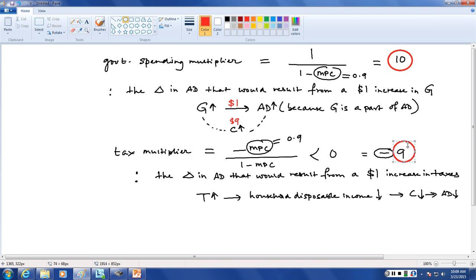Correct? The last multiplier that we studied was the investment spending multiplier. Summarizing this for you, the investment spending multiplier is not something that's part of fiscal policy, not conventionally, because investment spending rises not because the government changes its taxes.